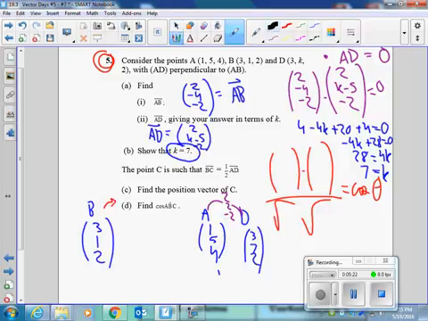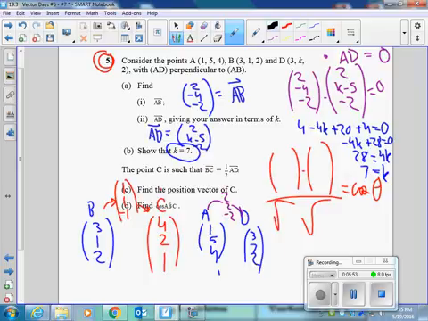We're going to add half of 2, half of 2, half of negative 2. And that's going to give us my point C, which is going to be 3 plus 1 is 4, 1 plus 1 is 2, 2 minus 1 is 1. Is point C 4, 2, 1? I think it is. Yep.